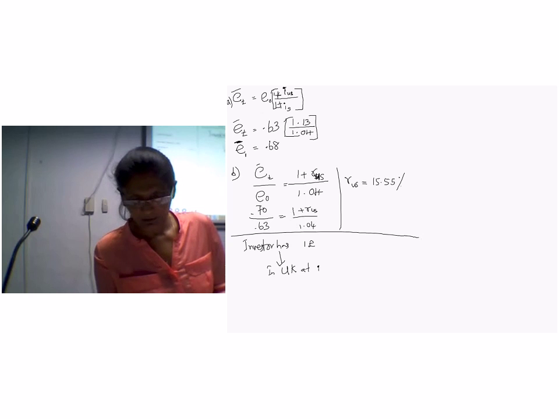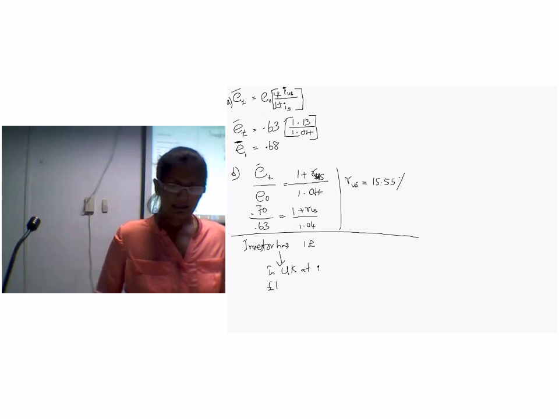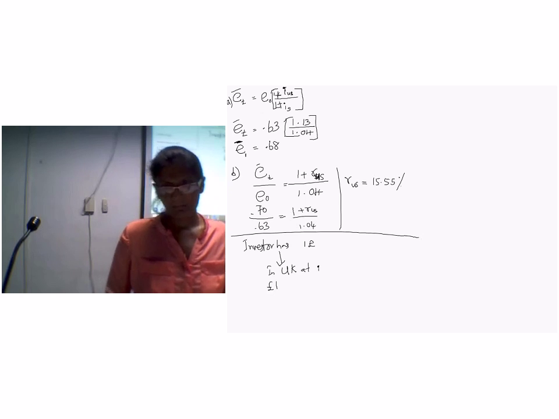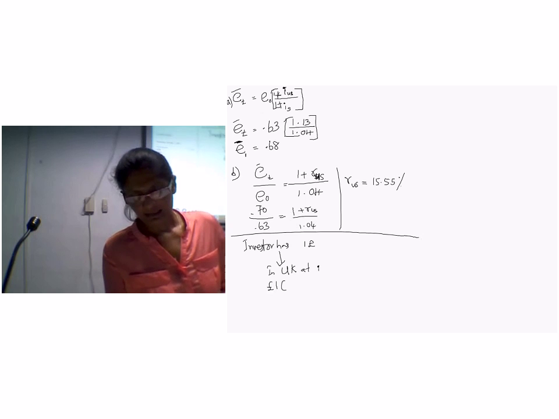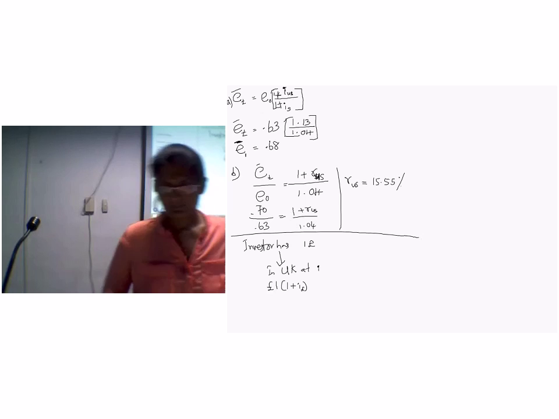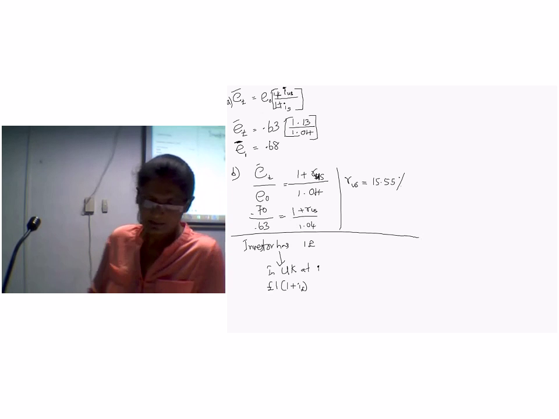He had 1 pound in his pocket. He invested this at I interest rate, okay? For this 1 pound, he gets at the end of the year 1 plus I in pounds, right? This is the return he gets after 1 year.